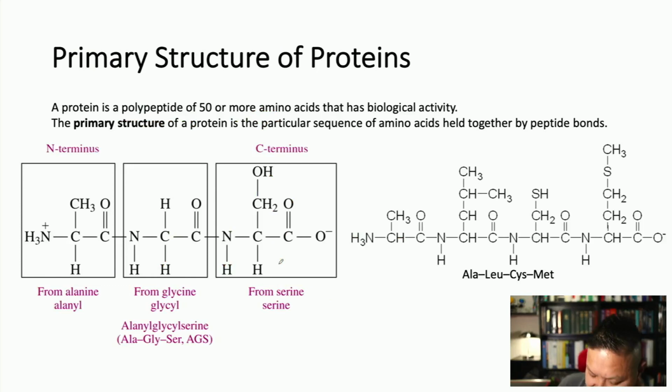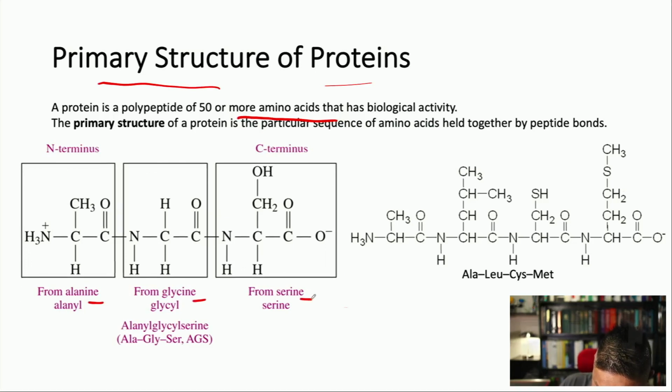So I alluded to this before, right? The primary structure of proteins is actually the amino acid sequence, right? It's the amino acids. So when you look at this one, for example, we start out with alanine, glycine, and serine, right?